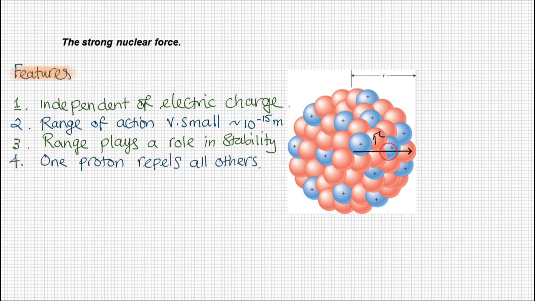And fourthly, when we think about the repulsion forces, we can't assume that one proton just repels one other. The fact is that this one proton affects or repels every other proton in the nucleus.